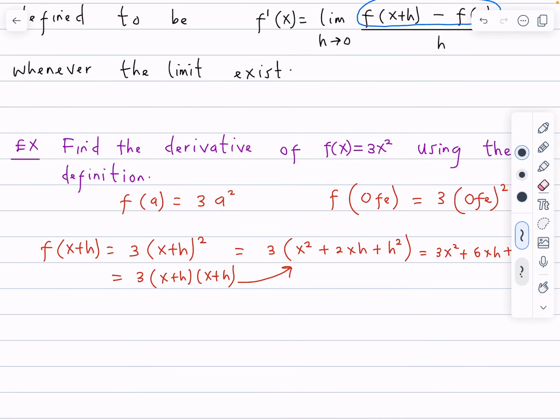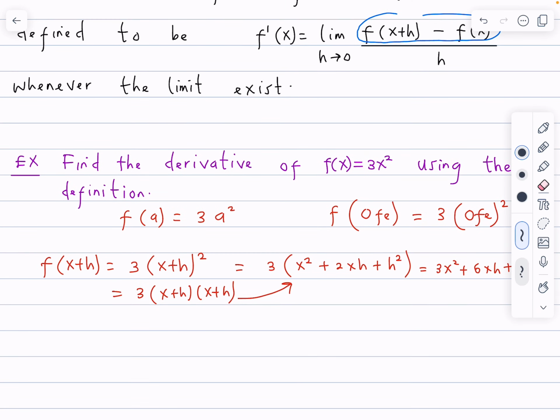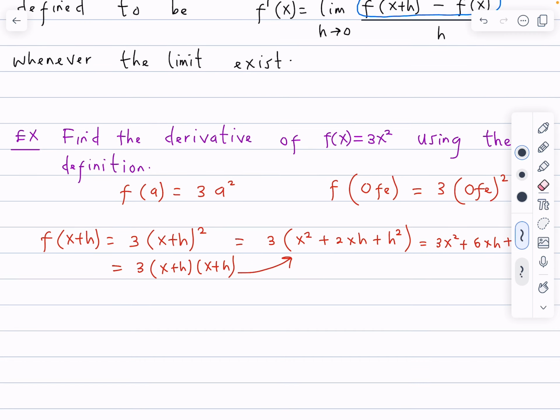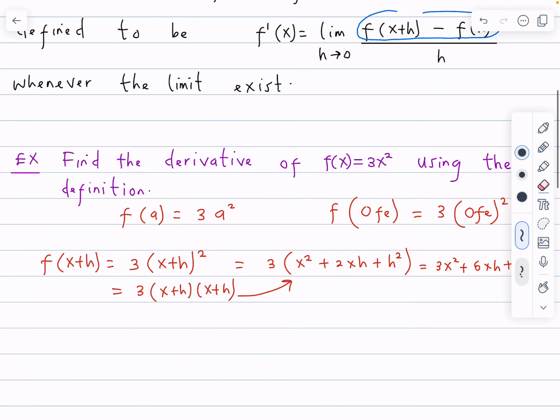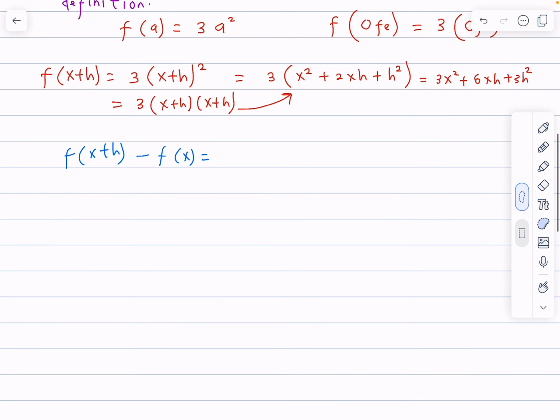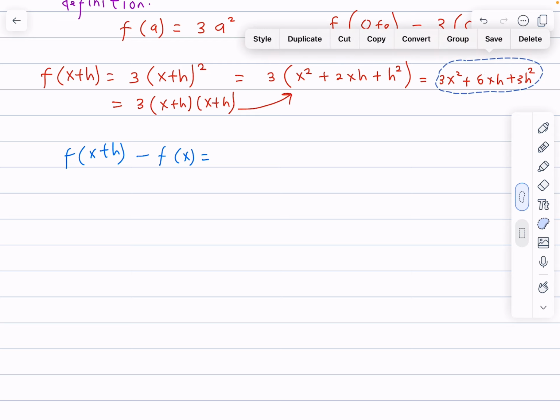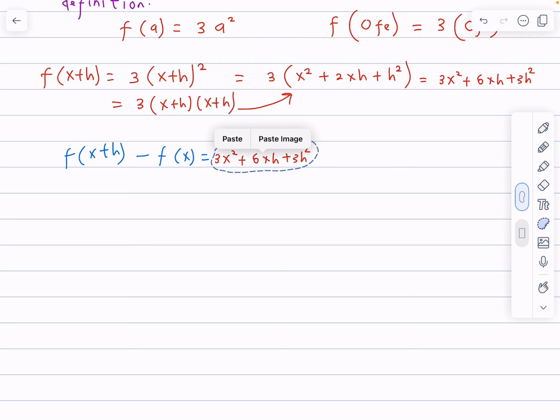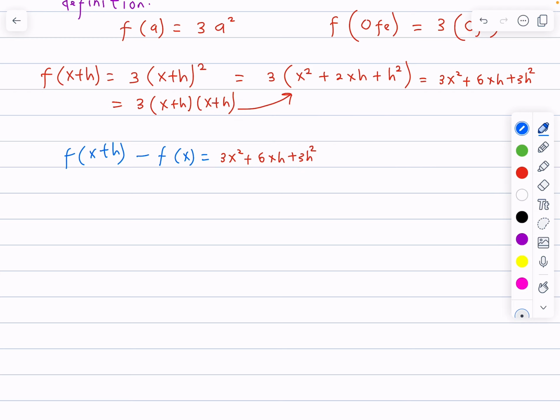We are just going to compute that numerator. So I have f of x plus h minus f of x. From here, I already have f of x plus h is 3x squared plus 6xh plus 3h squared. So I have 3x squared plus 6xh plus 3h squared minus f of x.